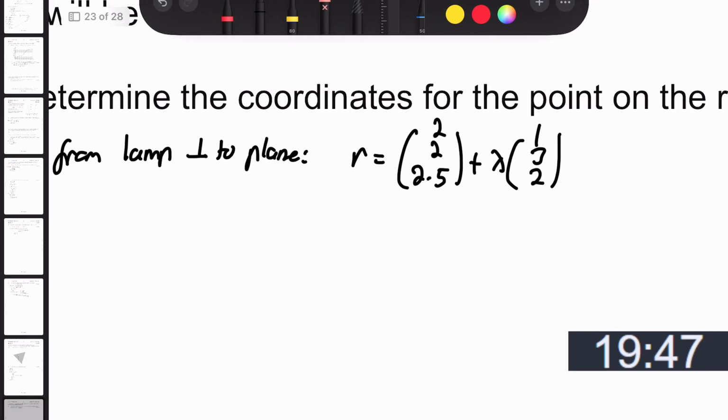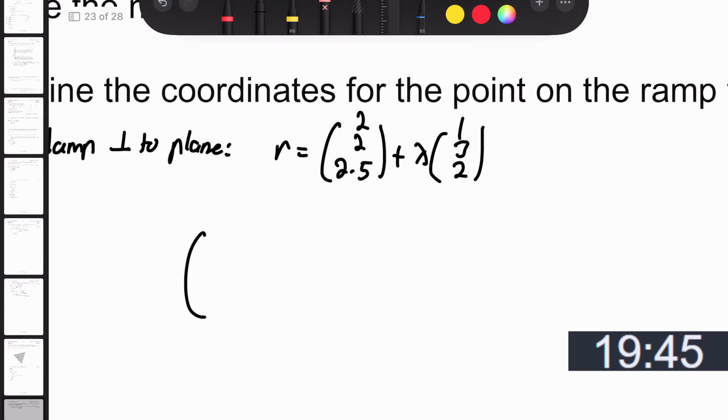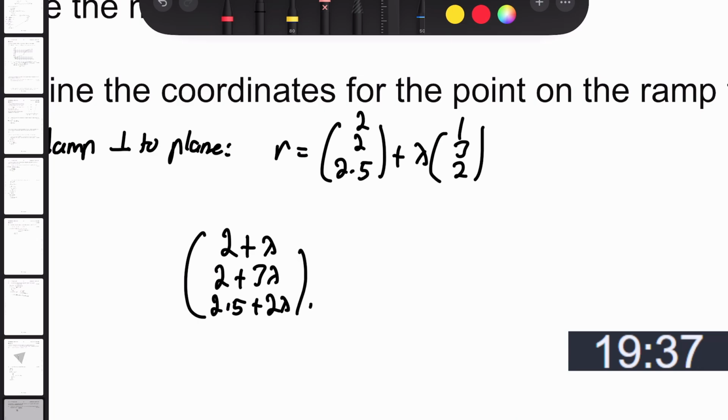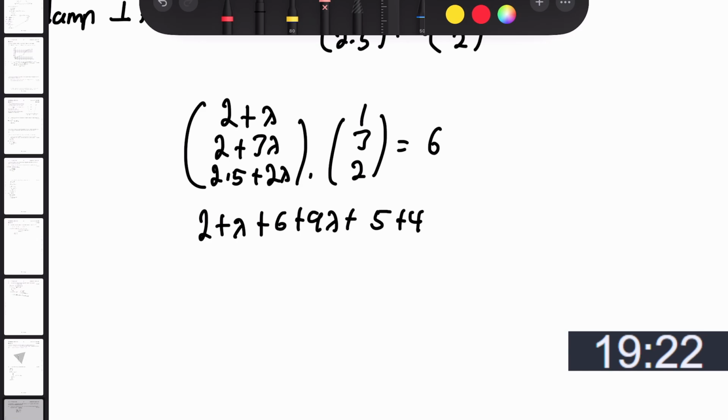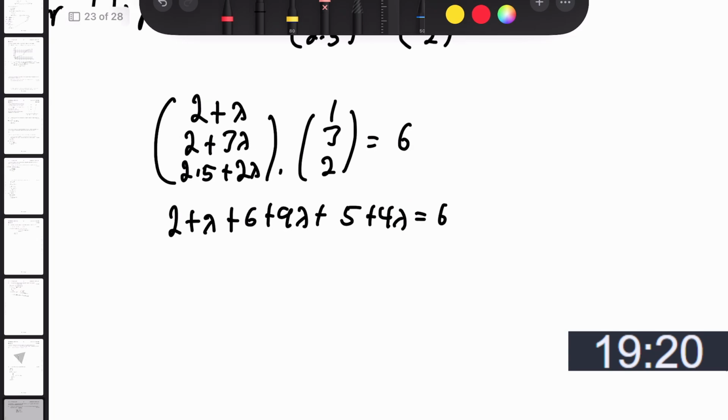Okay, so now if we sub this into our plane, we have that (2 plus lambda, 2 plus 3 lambda, and then 2.5 plus 2 lambda) dot (1, 3, 2) is going to equal 6. And then we can do this one by hand, so we'll do 2 plus lambda plus 6 plus 9 lambda plus 5 plus 4 lambda is going to equal 6.